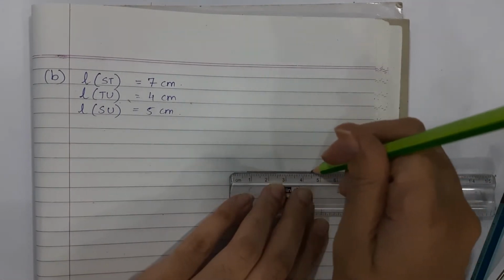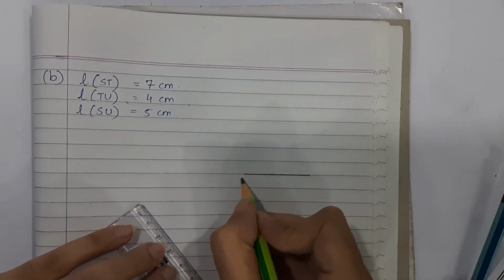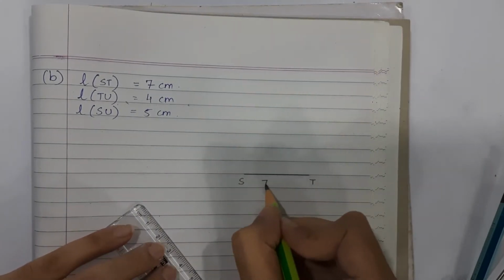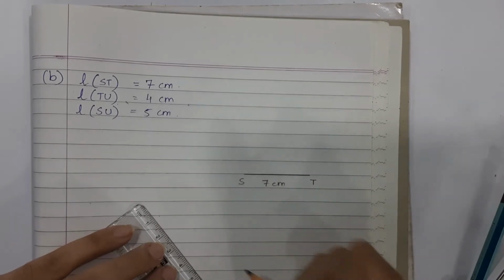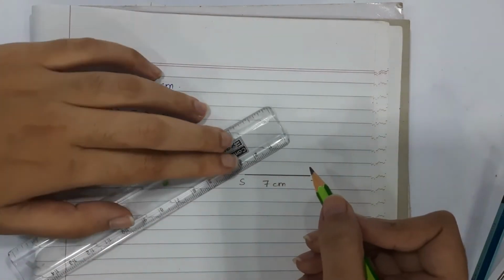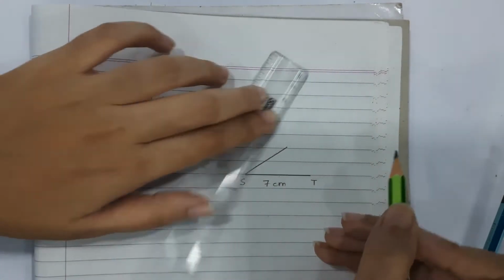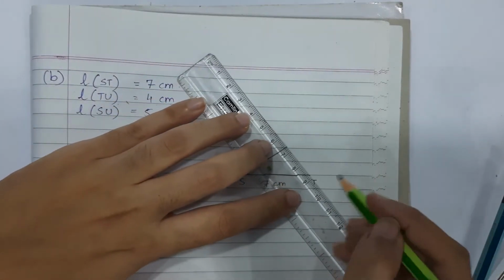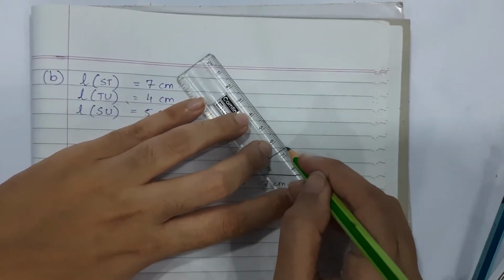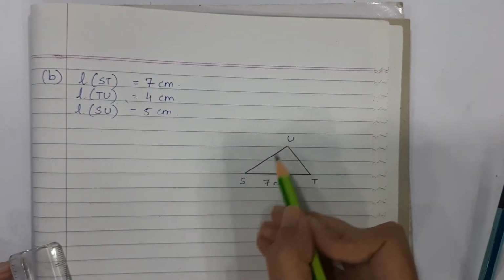The longest number given from these three lengths is 7, so I am going to take it as my base. So ST will be my base. I'll write 7 centimeters. Now the remaining two sides of the triangle we will draw. We'll draw a triangle and then label the third point or the third vertex.